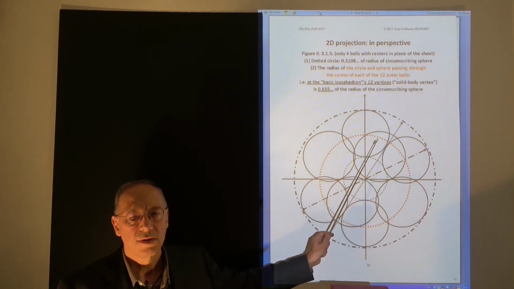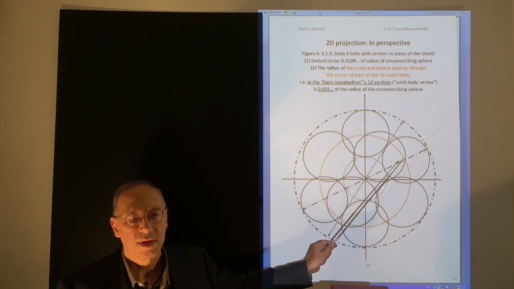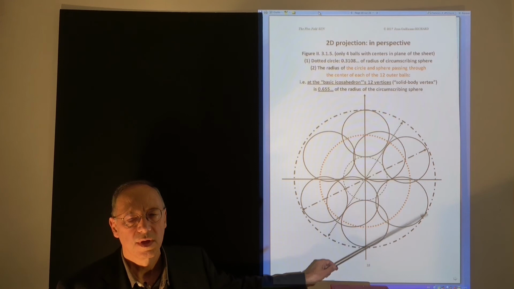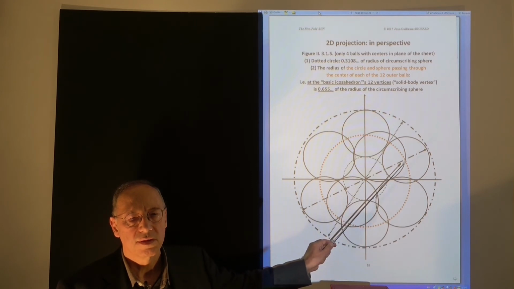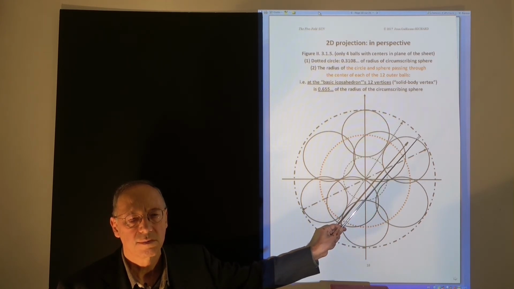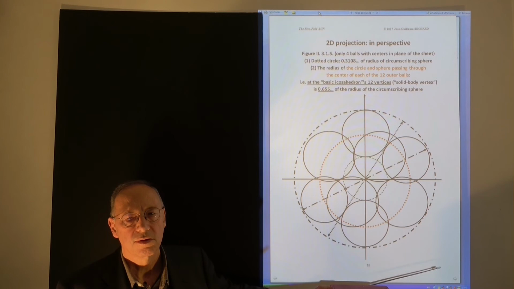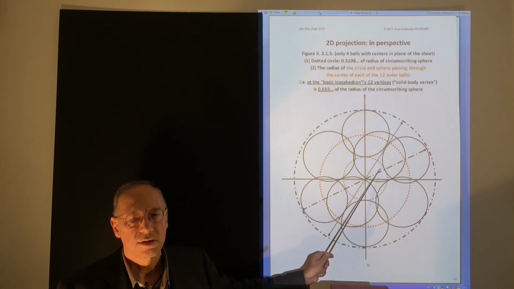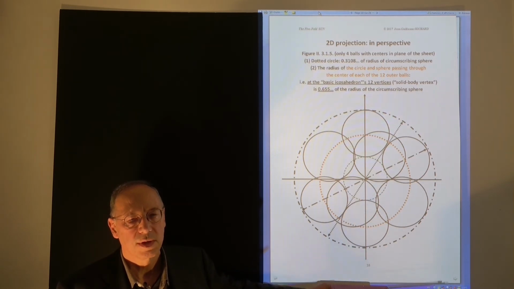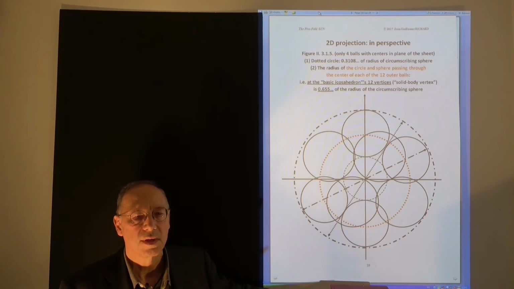And the orange dotted circle is a circle and a sphere passing through the centers of each of the 12 outer balls. The radius of this circle is 0.655 times the radius of the circumscribing sphere by construction, and the radius of this core is by construction 0.31, etc.